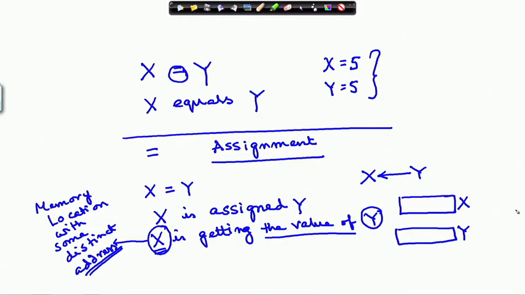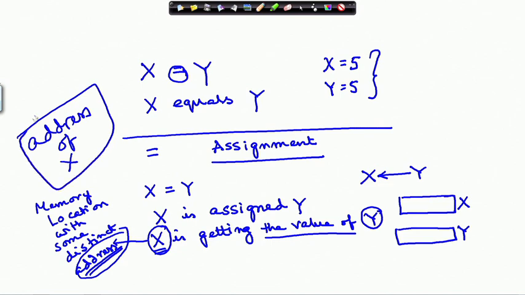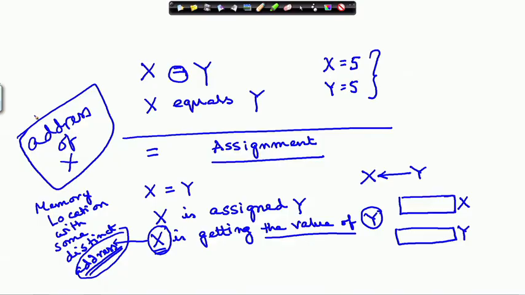So, for the sake of understanding, we are just writing x and y, but you must understand that this x or this y means the address of x. And who has allocated the address of x or y? The compiler.